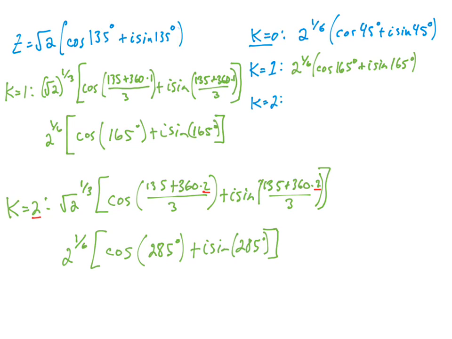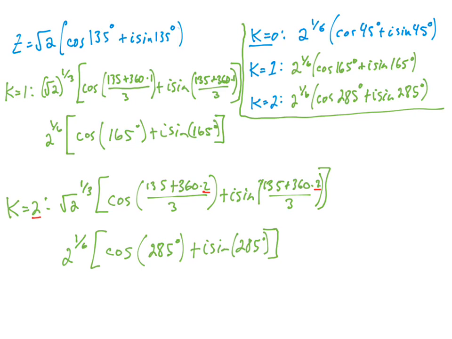And that's it. So when k is 2, we have 2 to the 1/6 times cosine of 285 plus I sine 285. And that's it. So these are the 3 cube roots of our complex number.